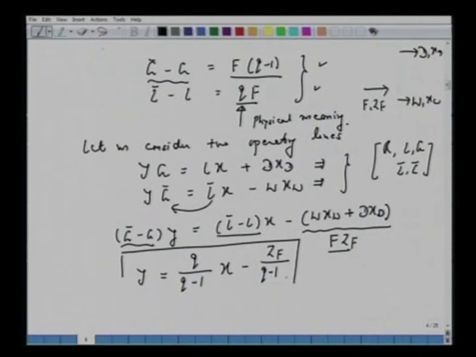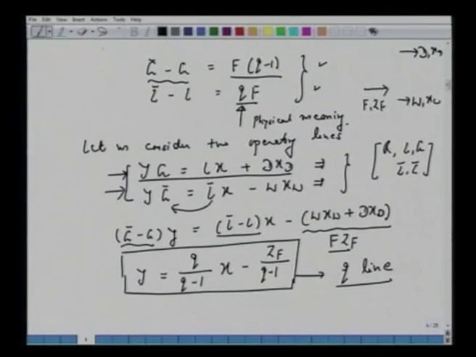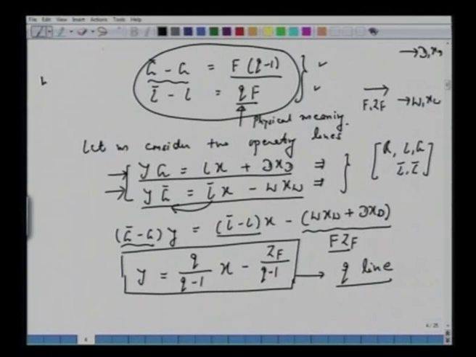So this is what we call Q line. Okay. So what is this Q line? One can also interpret from this way, that this is the intersection of the two operating line curves. All right. So we started with the first equation for enriching section, second equation for stripping section. Subtract, make use of this balance, nothing but a molar balance for the feed plate.